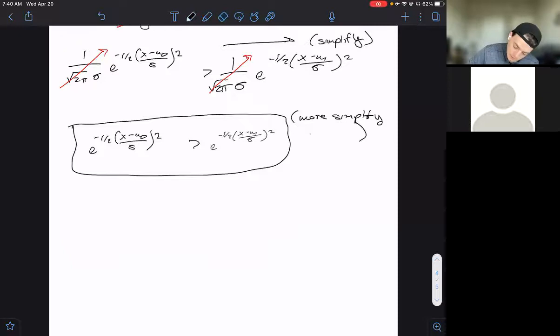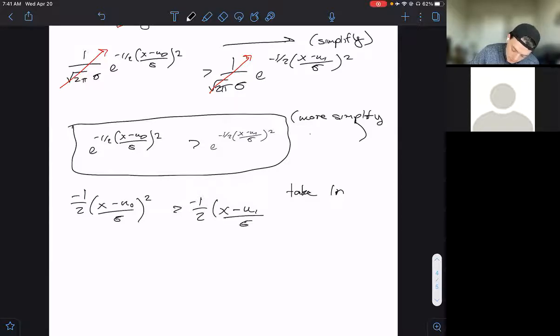And so what we can do now is take the natural log, take ln, which basically gets us 1/2 x mu1 squared, and then we've got negative 1/2 x mu1 sigma squared.